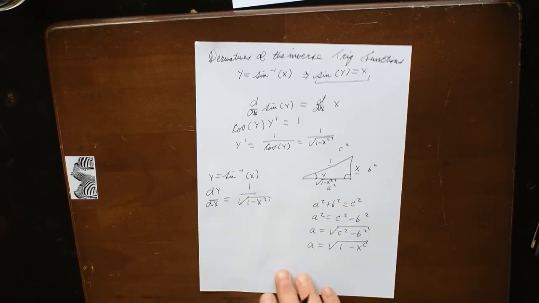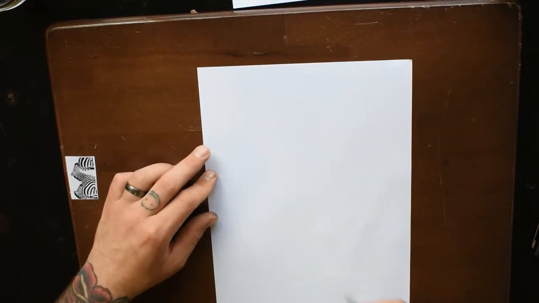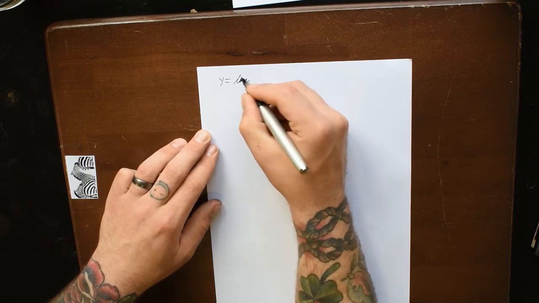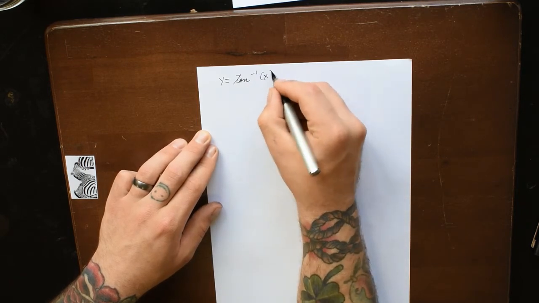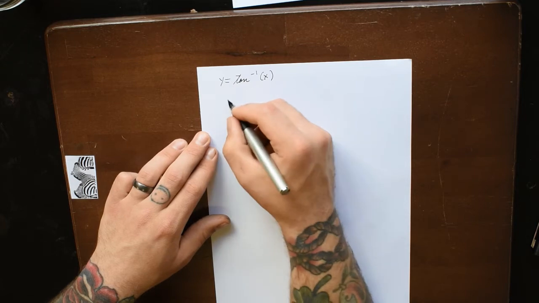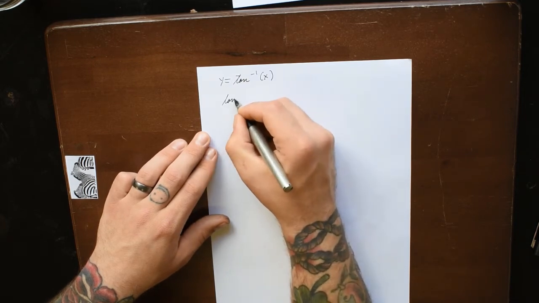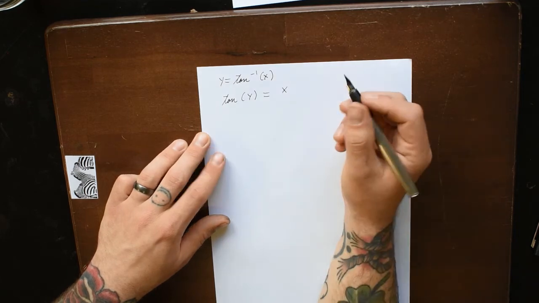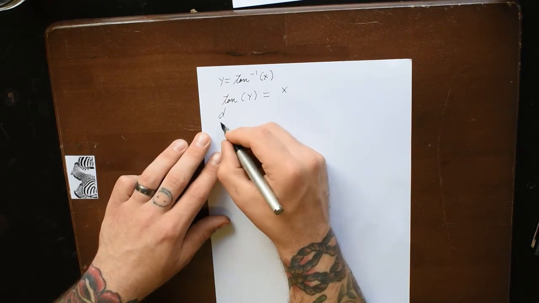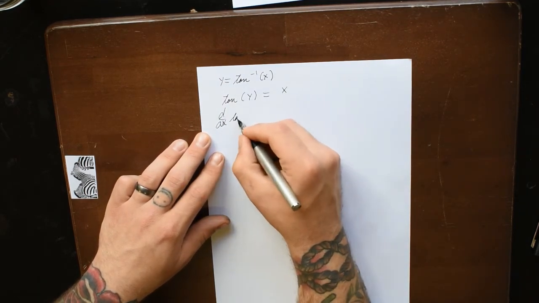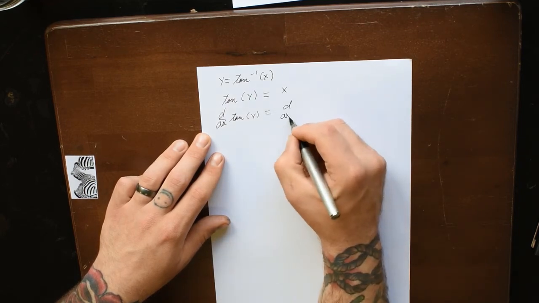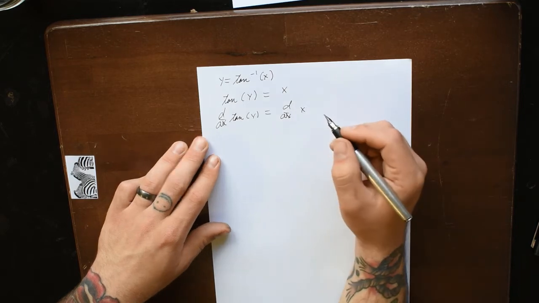I'll do another one of these. Let's say we have y is equal to the tan inverse of x. Well, that means the tangent of y has to be equal to x, which means that the derivative with regards to x of the tangent of y has to be equal to the derivative with regards to x of x.